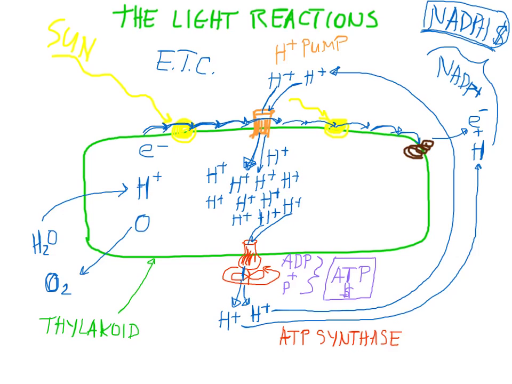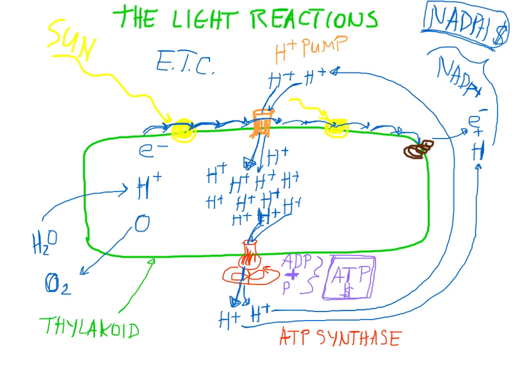Once the concentration of hydrogen ions builds up enough, they go squirting out through ATP synthase, making the propeller go around. The energy from the moving propeller combines adenosine diphosphate and its lone phosphate to make a high-energy molecule known as ATP.